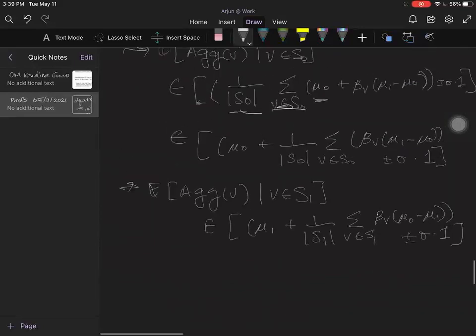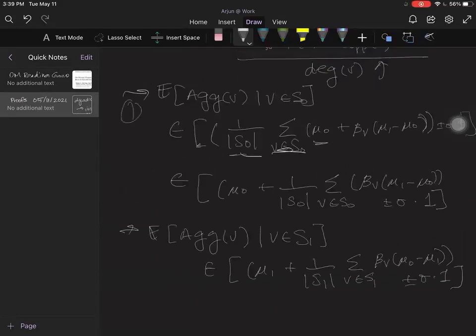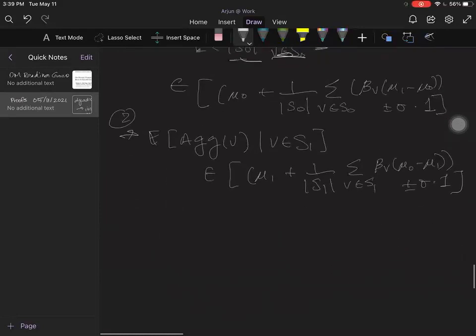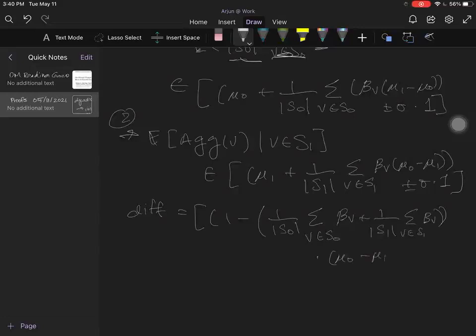If we simply subtract these two, meaning this one here and this expectation here, we'd get that the difference is going to be equal to 1 minus 1 over S0's cardinality plus 1 over S1 times mu0 minus mu1 plus or minus 2 sigma times 1.